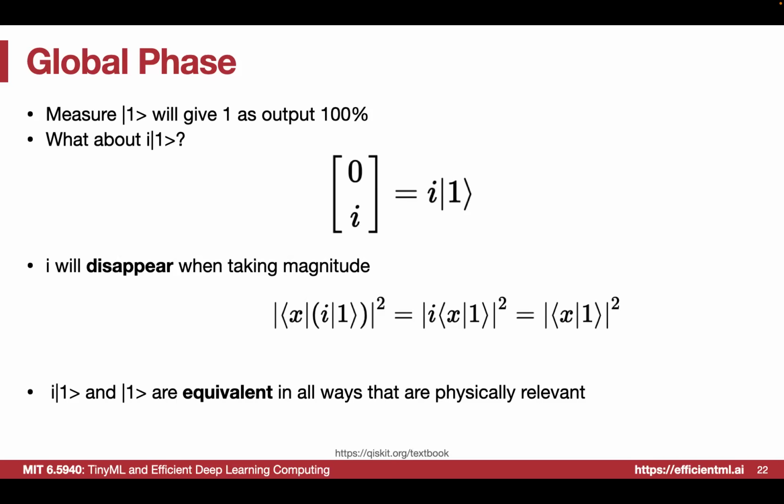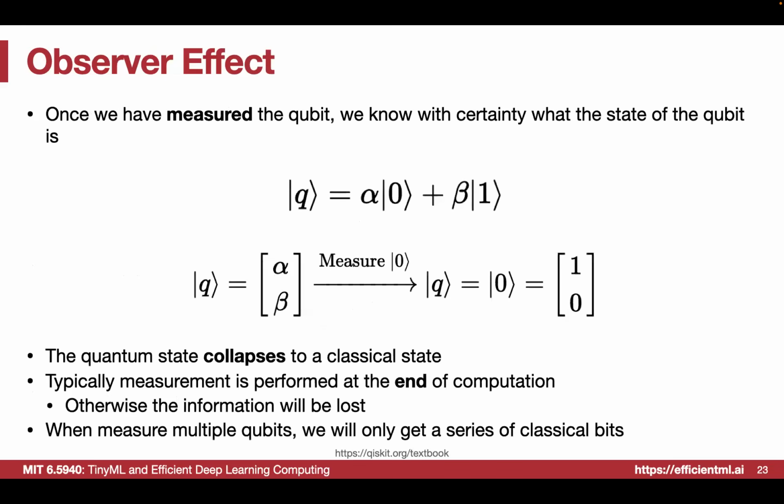We can see that i|1> and |1> are equivalent in terms of the physical measurement. Because we always need to interact with the qubits to do a physical measurement, i|1> and |1> are actually equivalent physically. So we don't have any way to know whether the system has a global phase or not. But that doesn't hurt the algorithm construction, so we don't have to worry about this additional global phase.